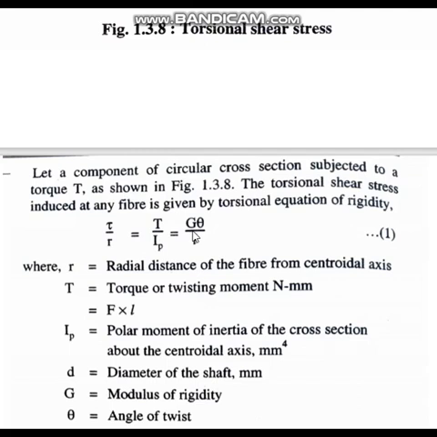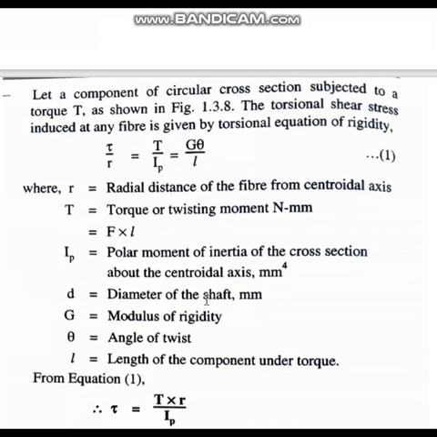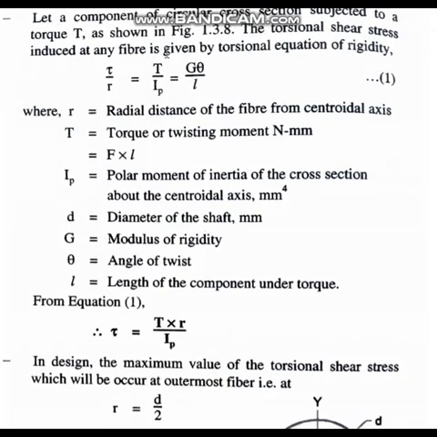Okay, and now the next term, the third term, is G theta upon L. What is G? G is the modulus of rigidity. And what is theta? Theta is the angle of twist. And what is L? L is the length of the component under torque. What is the modulus of rigidity's unit?